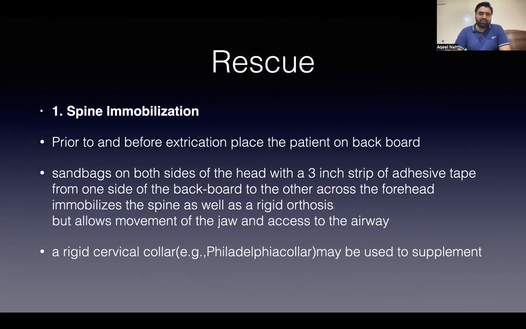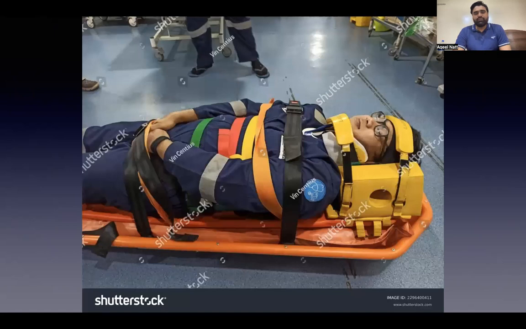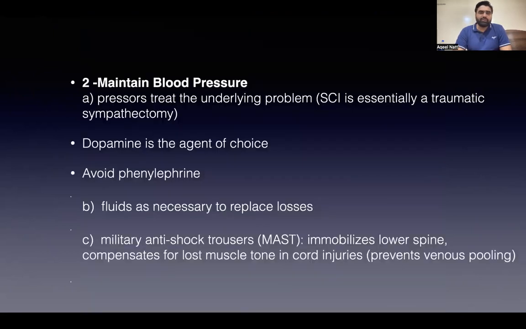Otherwise, you can use a rigid orthosis like a Philadelphia collar. This is a typical rescue of a patient with a spine injury. You immobilize the neck, you immobilize the head, you place the patient on a hard board and then fix from all areas so he can't move, to prevent secondary and further injuries.